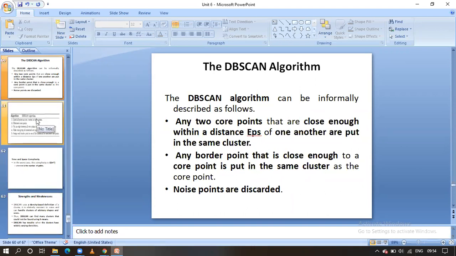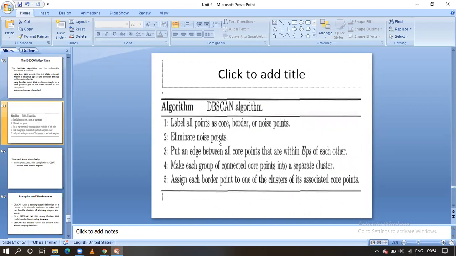This is the algorithm, guys. We label all the points as core points, border points, and noisy points. All the core points we form into clusters based on the EPS distance. Any border point that is closer to a core point, we form into the same cluster. Finally, if we have any noisy points, we discard them, guys.